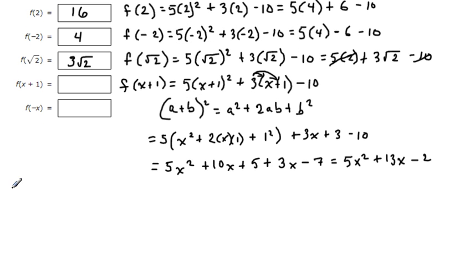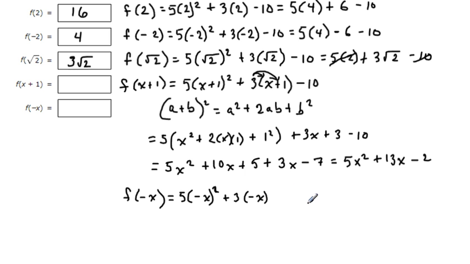All right, and last, we have f of negative x. What this means is that wherever we see an x in the function, we are going to replace it with a negative x. However, you have to make sure that you use parentheses. So I'm going to write 5, parentheses, negative x. Close the parentheses. We're going to square that. Plus 3, parentheses, negative x.